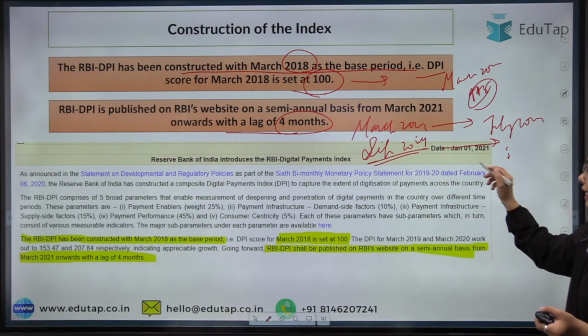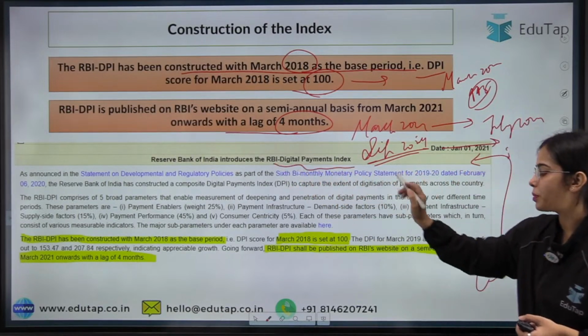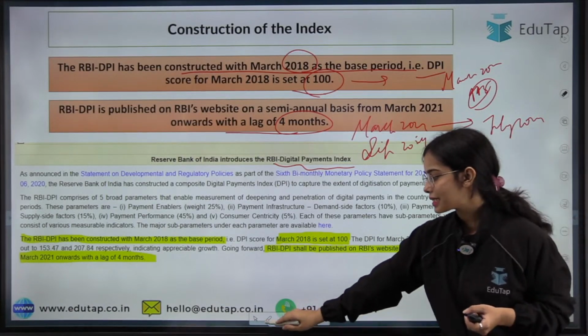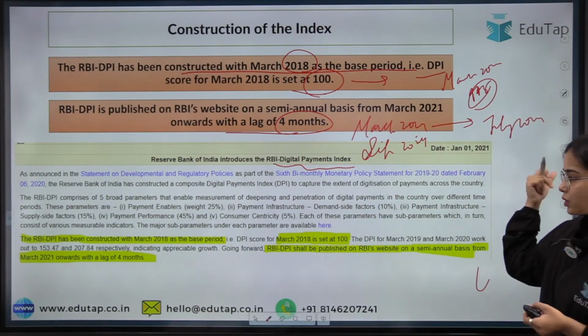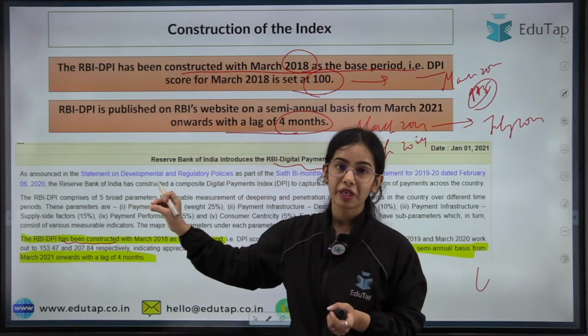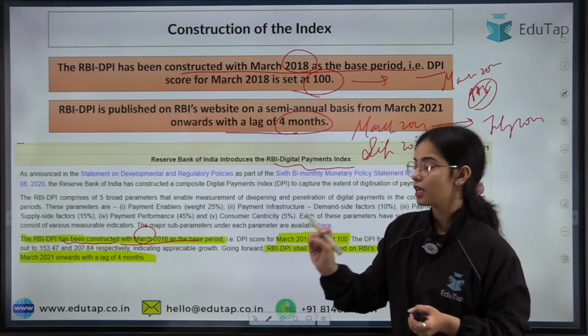So this is the basic idea. The Reserve Bank of India introduced the RBI Digital Payment Index on 1st January 2021, and since then there has been regular release of the index. The RBI DPI has been constructed with March 2018 as the base period.